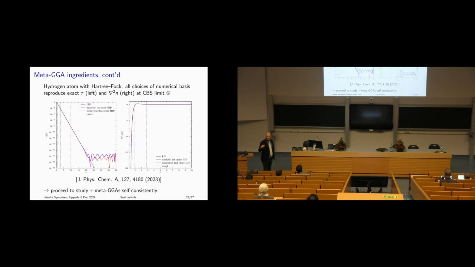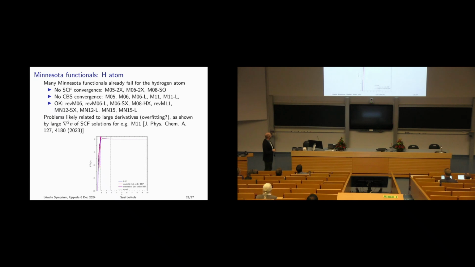Hartree-Fock does not take tau or the Laplacian of the density as an input variable. This is just a variational theorem forcing the wave function to be continuous, because a discontinuous tau or discontinuous Laplacian would mean that I pay a penalty in the kinetic energy. So the numerical approach works.